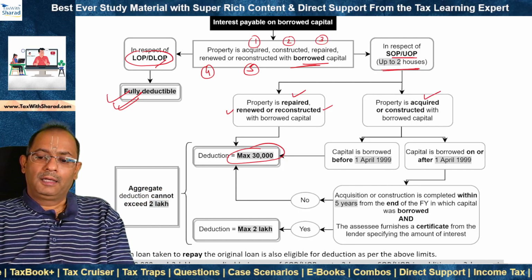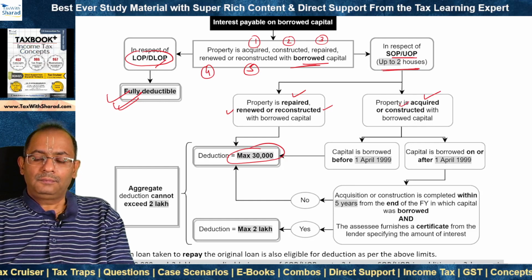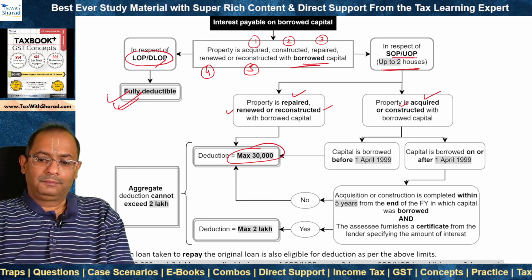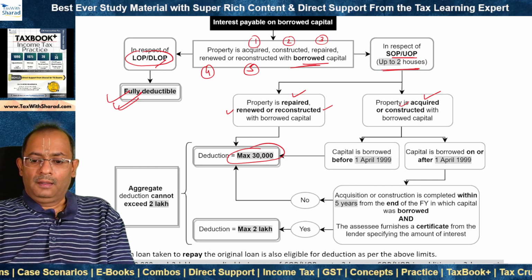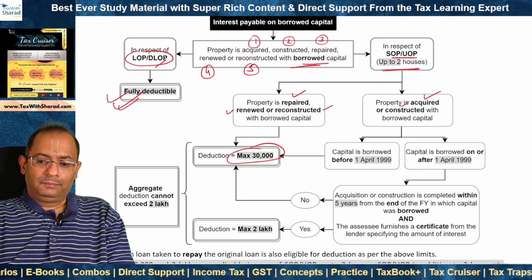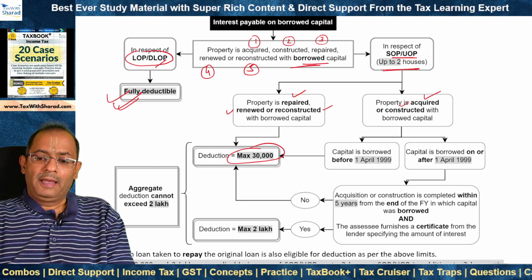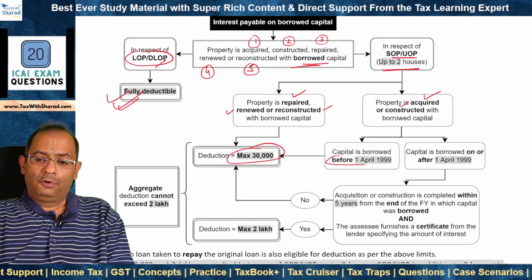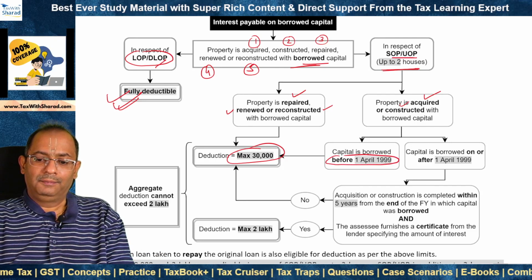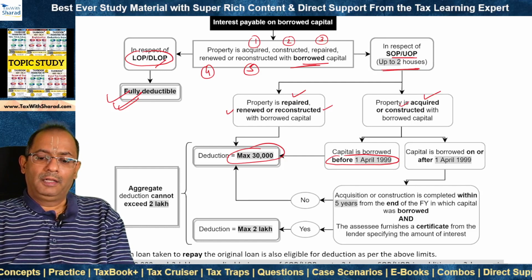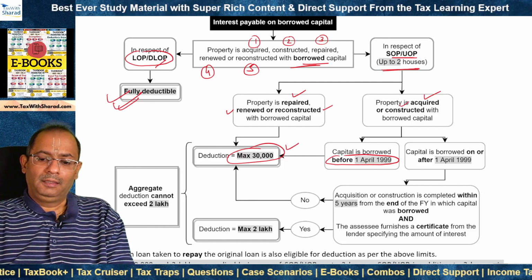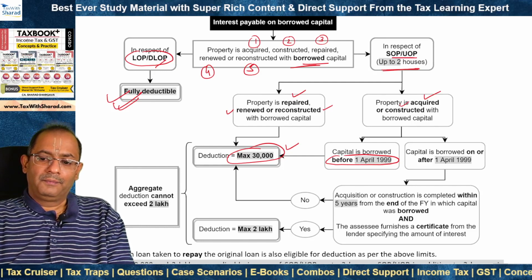If the property is acquired or constructed with borrowed capital, then we need to see when the capital is borrowed, when the loan is taken. If capital has been borrowed before 1st April 1999, then the limit of deduction remains the same at 30,000 rupees, right?